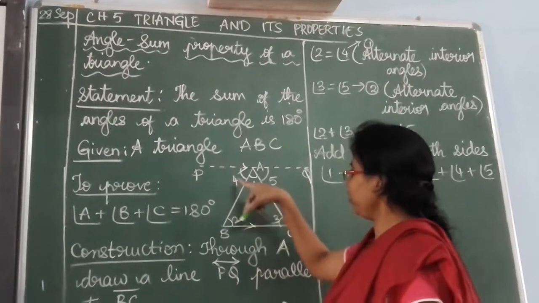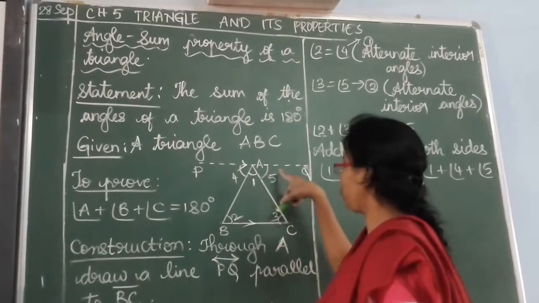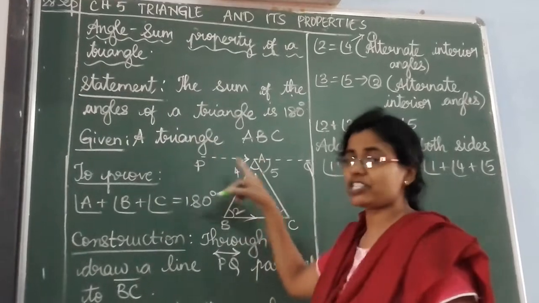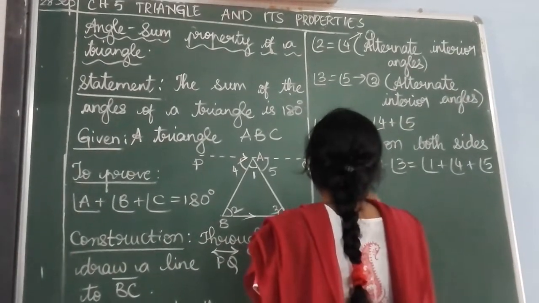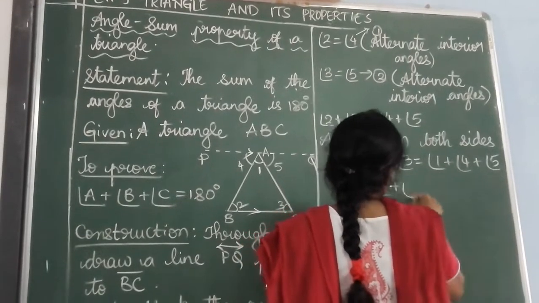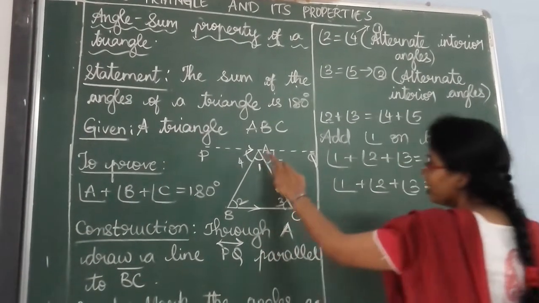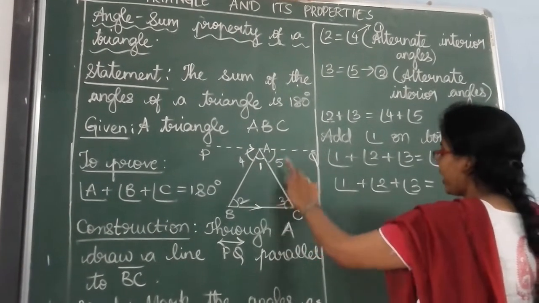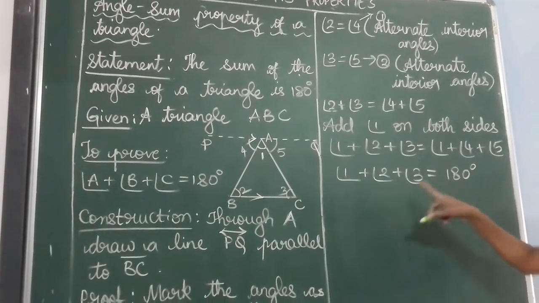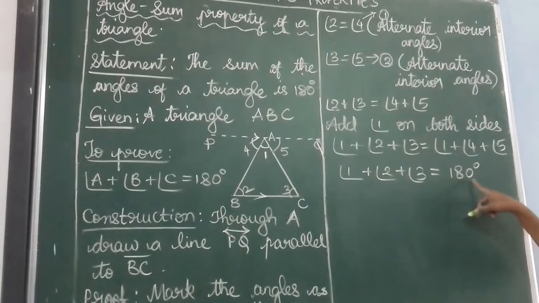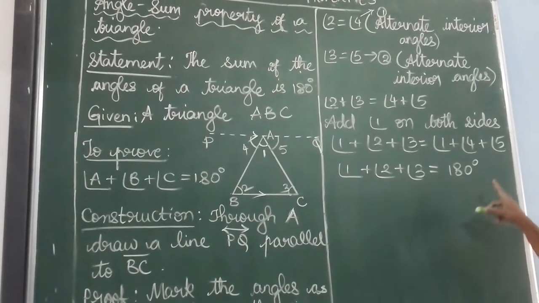So angle 1 plus angle 4 plus angle 5. What is this? It is forming a straight angle. So angle 1 plus angle 2 plus angle 3 is equal to straight angle. Straight angle measure is 180 degrees. So here you got angle 1 plus angle 2 plus angle 3 is equal to 180 degrees.